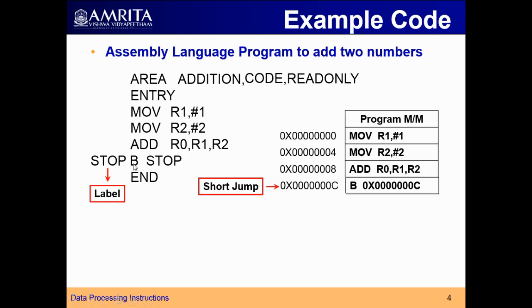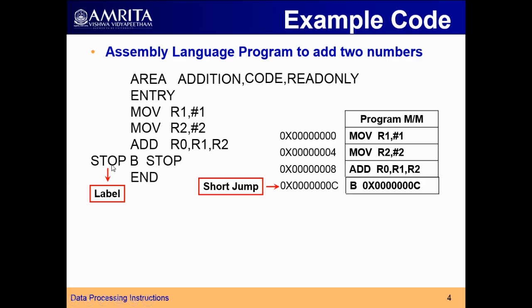So stop, B stop, what does it mean? When the processor is executing this, it will branch to the location where you have given the label stop. So it will branch to this location itself infinitely. Instead of giving this address, you are using the label stop. So when the assembler is assembling this program, what will happen?